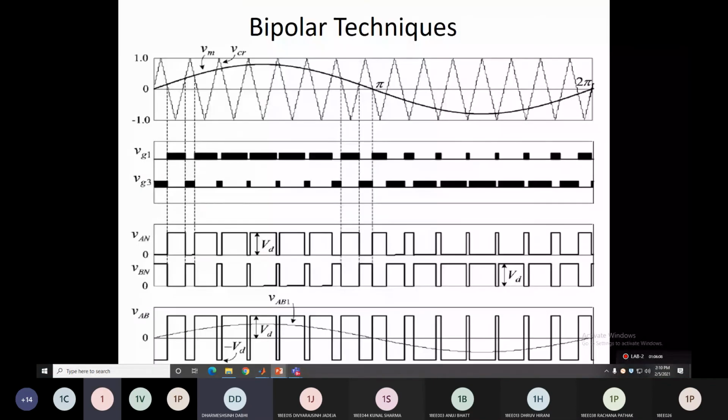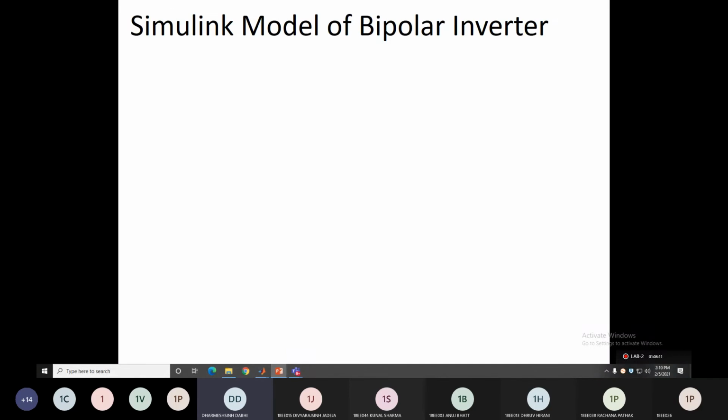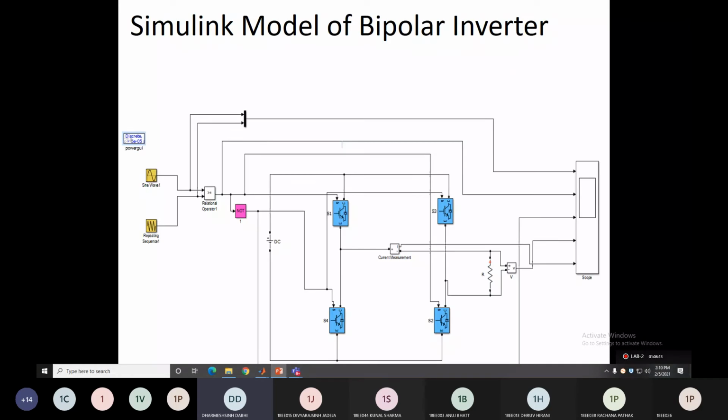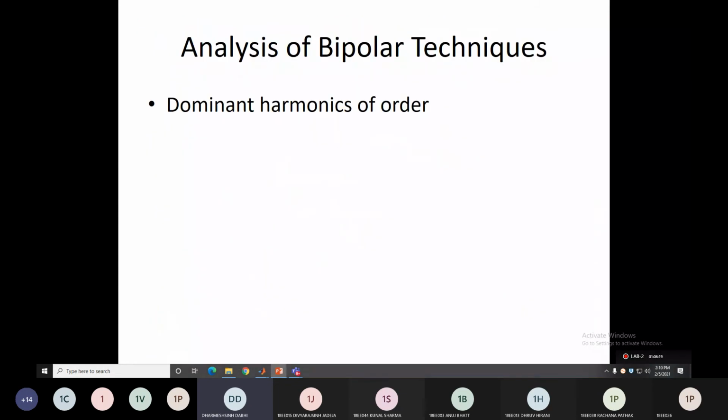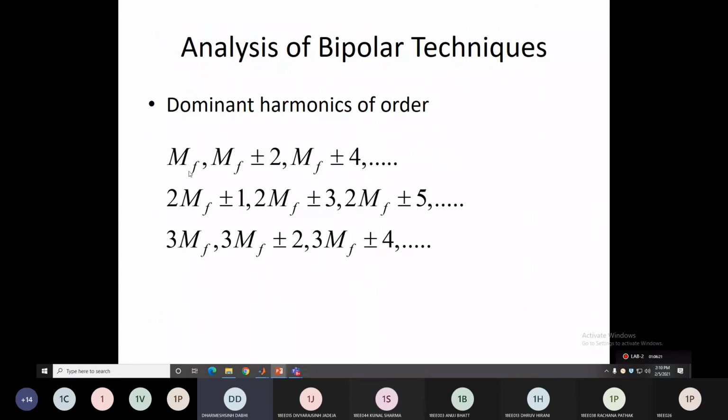20. Clear. So in this simulated model, the bipolar PWM technique generates the harmonics. First is MF. MF is the frequency modulation ratio, meaning the ratio of carrier frequency to reference signal frequency.